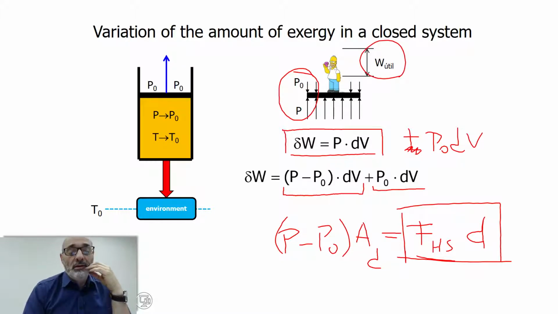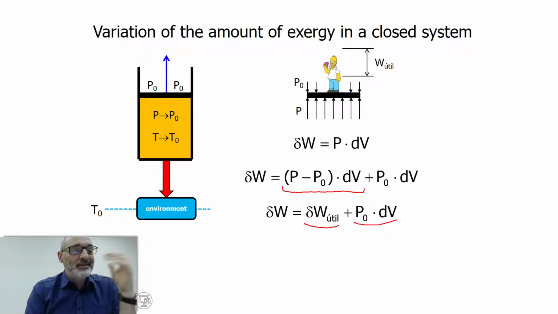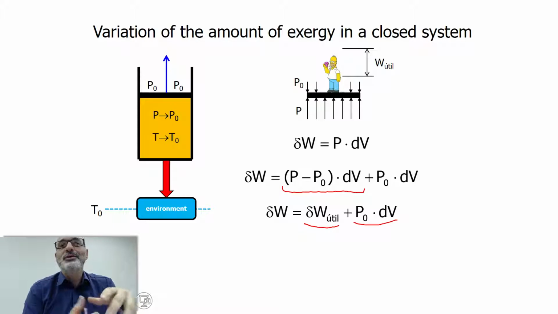On the left-hand side, A times d is delta V. So we can infer from this that this component here is useful work, and this is what I was referring to as not useful work. We're going to see it in detail in a little while.